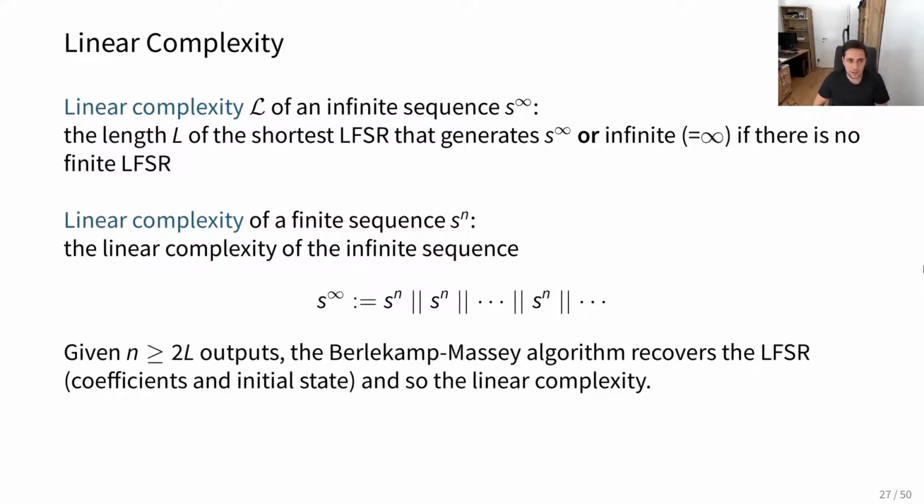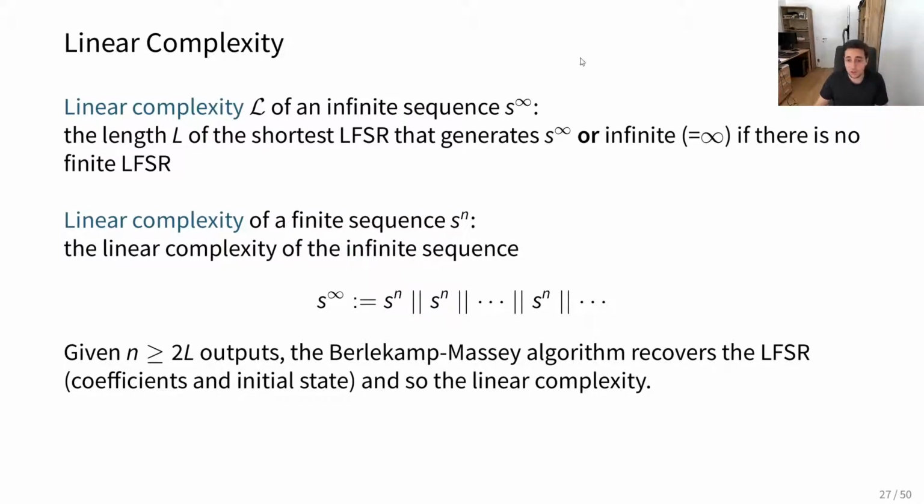Then let's lastly talk about the linear complexity of an LFSR, or of a sequence. If we have some sequence of bits which is generated by some LFSR, and if the sequence is very long, for example, infinitely long, then the linear complexity is essentially the length of the shortest LFSR that generates exactly the sequence, or it's infinite if there's no finite LFSR which can generate the sequence.